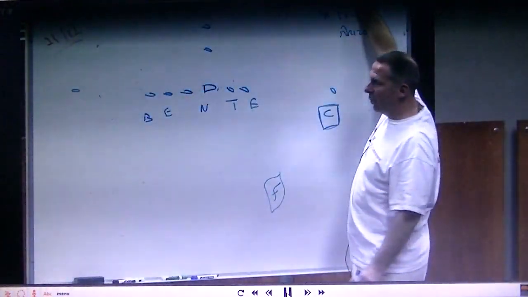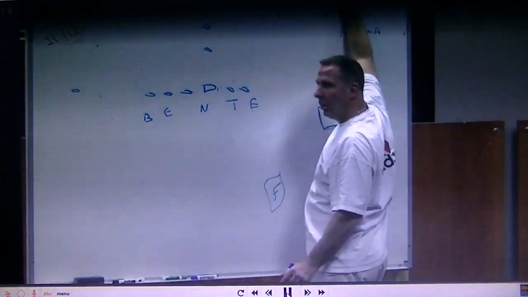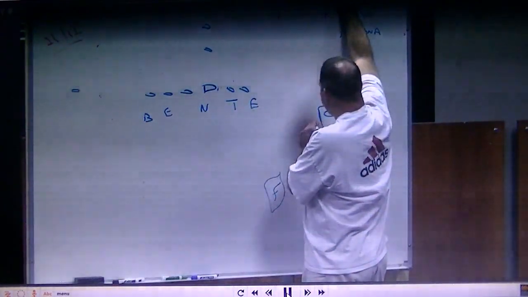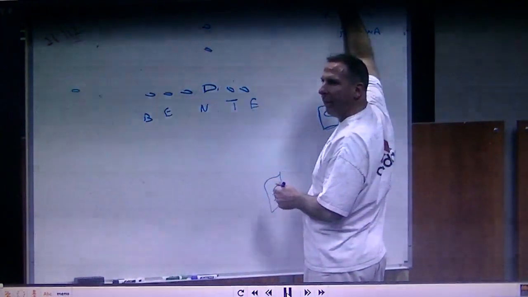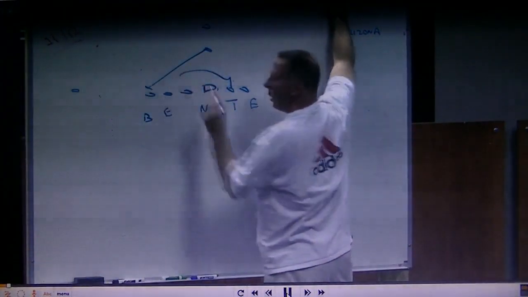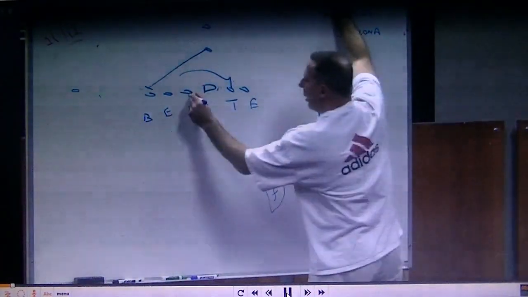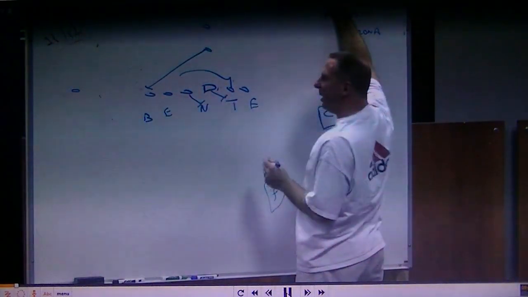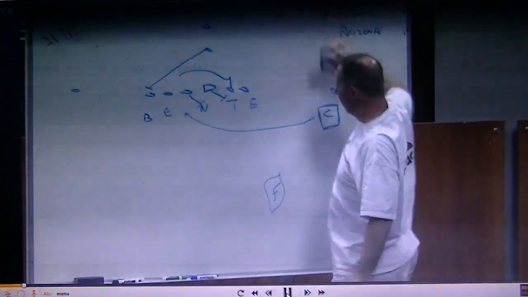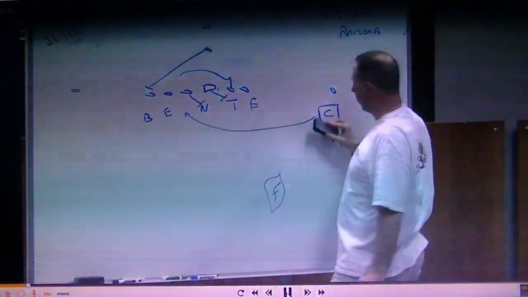What kind of inside run? What would make it the furthest that guy has to go? What would they run? How about a power? Yeah. Because now that guy's there and that guy's there, that means that corner would have to get all the way to there. Not a great situation, right?